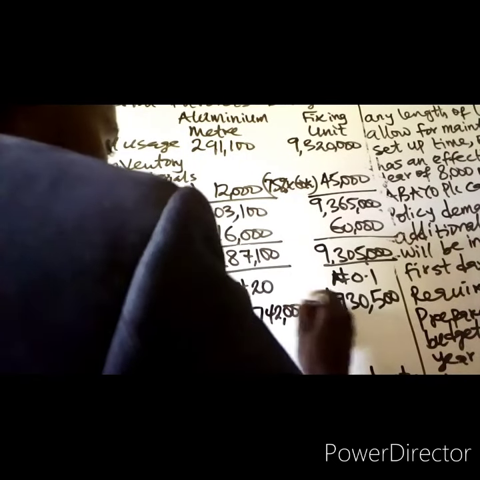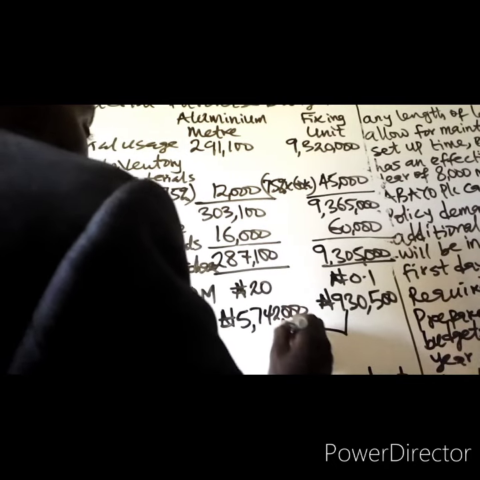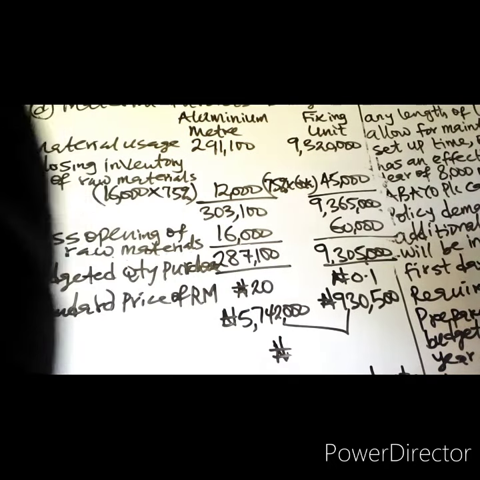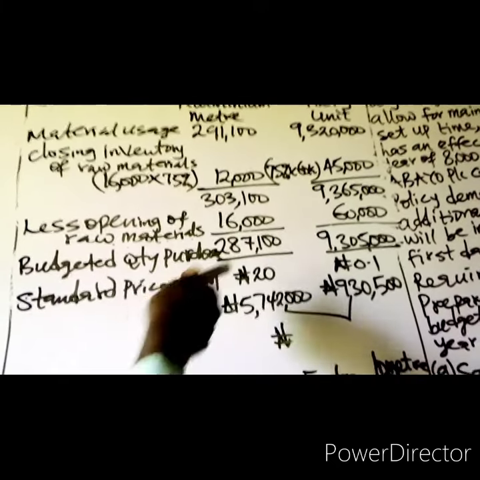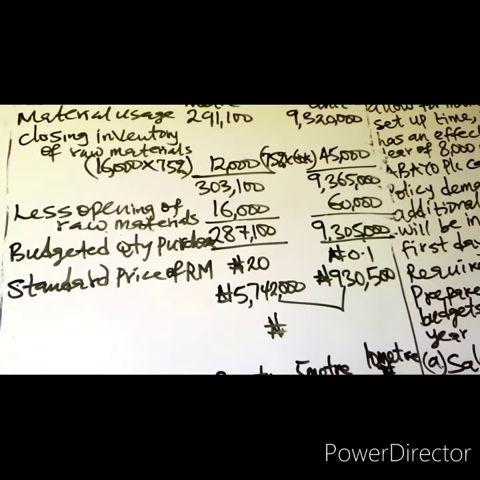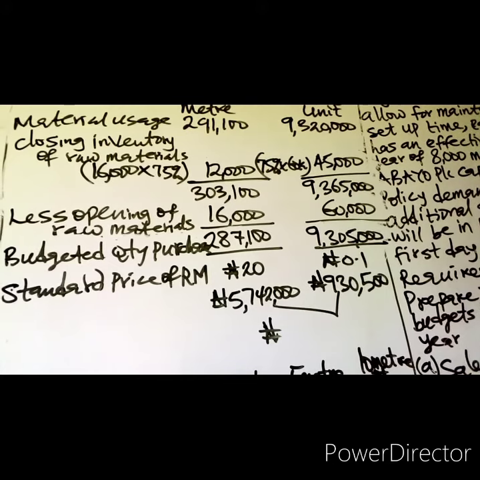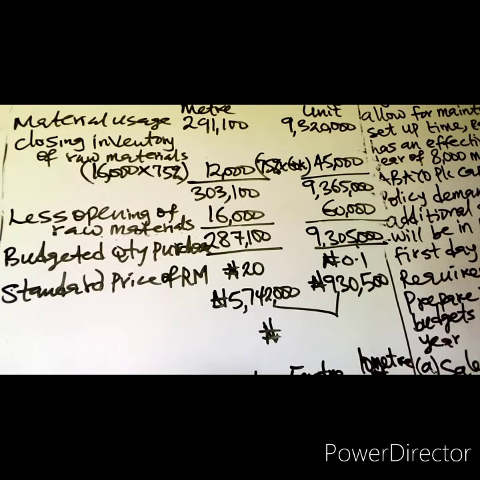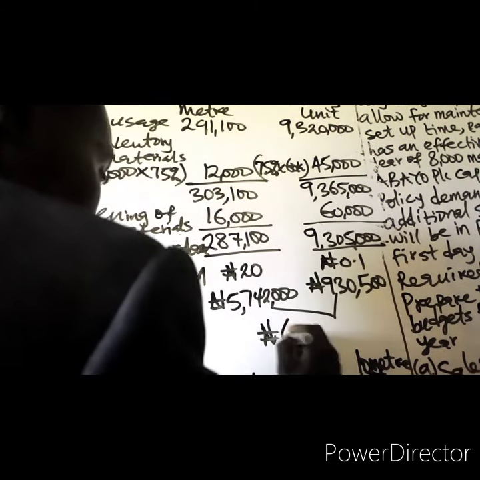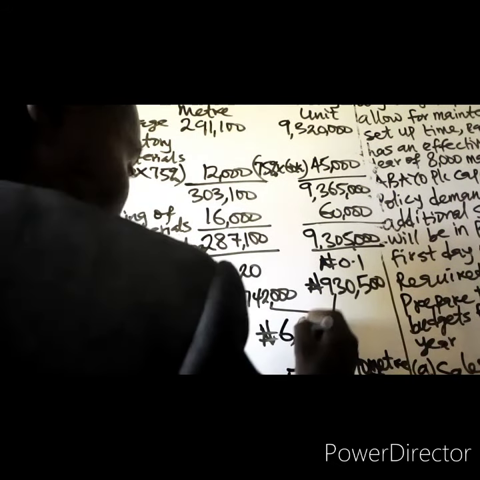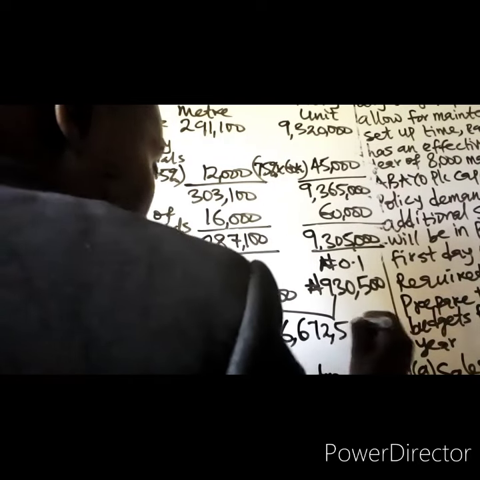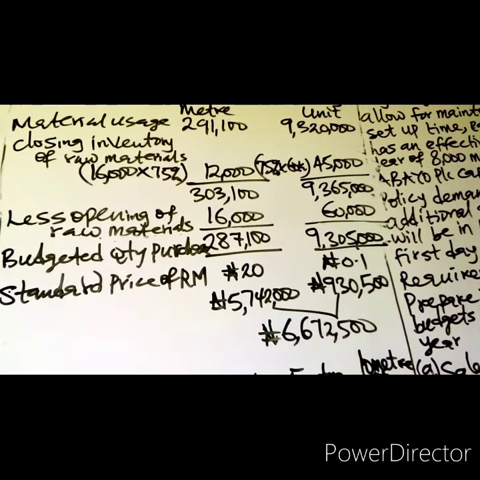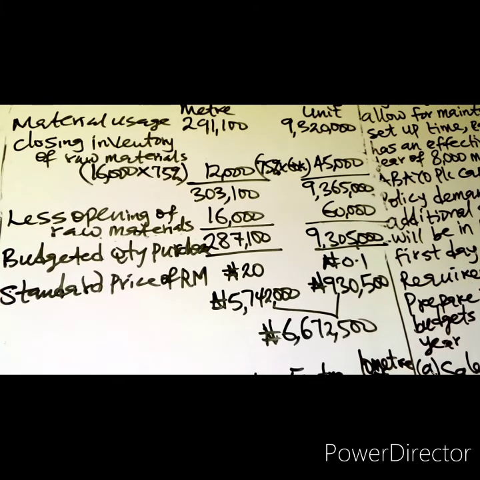When you now add the total cost, the purchase cost of aluminum and that of facing, you sum it up, plus 930,500. Then the budgeted purchase cost will be 6,672,500. That is the budgeted purchase cost. That is requirement D, material purchase budget.